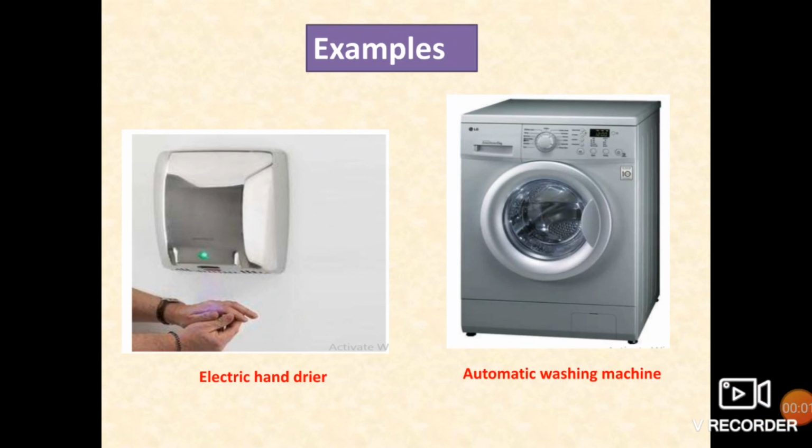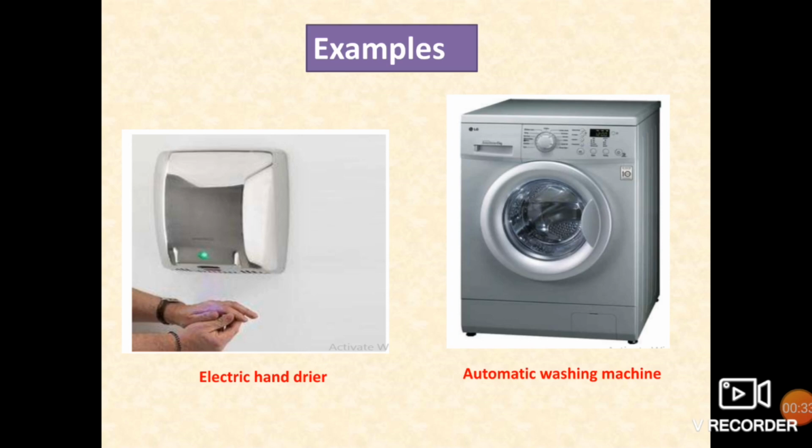Okay. Next we will see the example, the automatic washing machine. This automatic washing machine is also an example of an open loop control system, because it runs according to the preset time, irrespective of checking whether the washing is completed or not. What will this automatic washing machine do? It will run according to the preset time only.